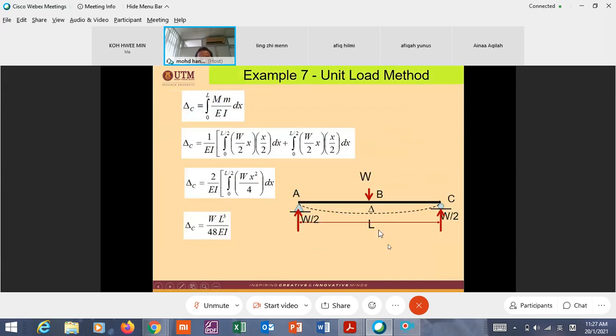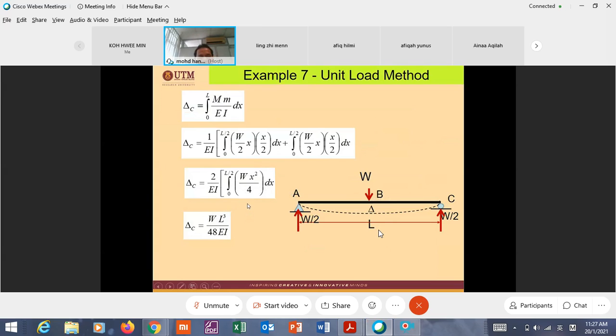This one is for AB, this one for BC. But actually, AB and BC are similar. Therefore, multiply by 2 for any part of AB, BC, and you solve this equation.